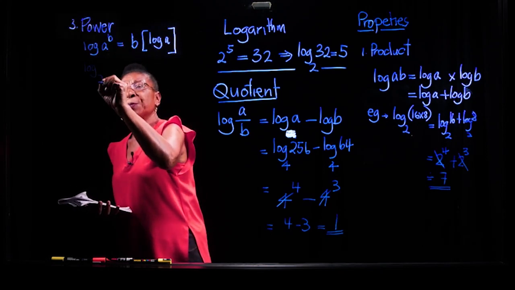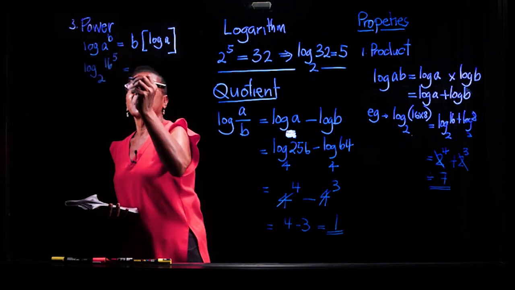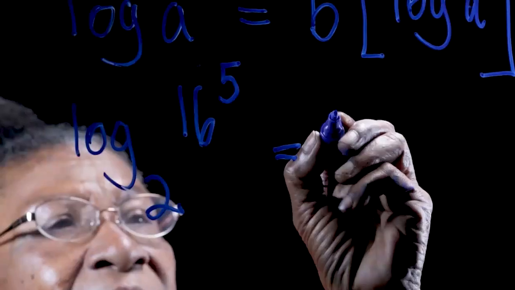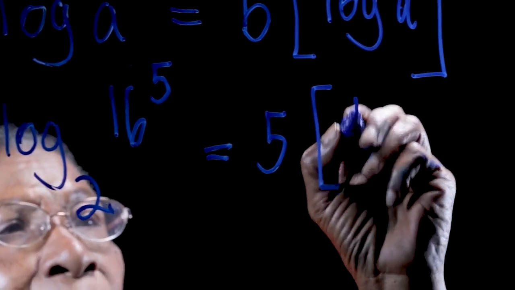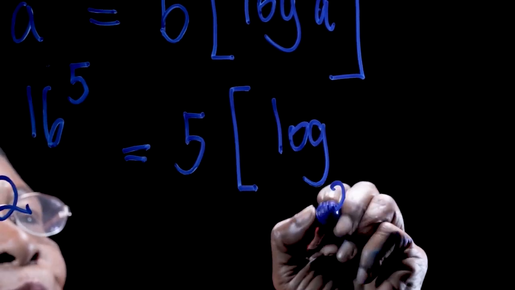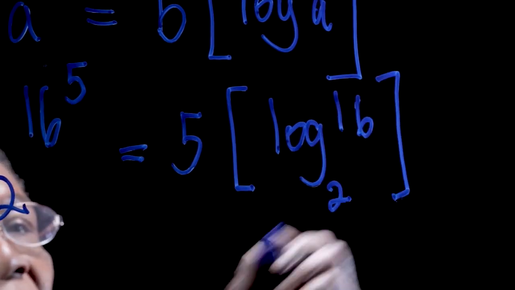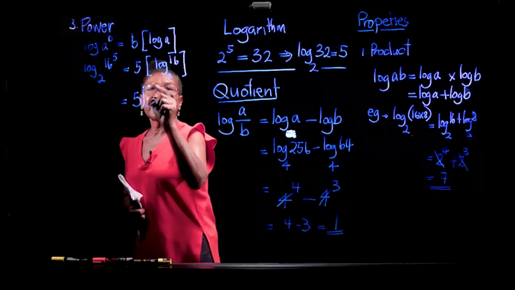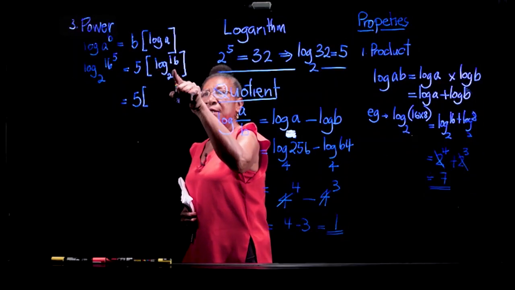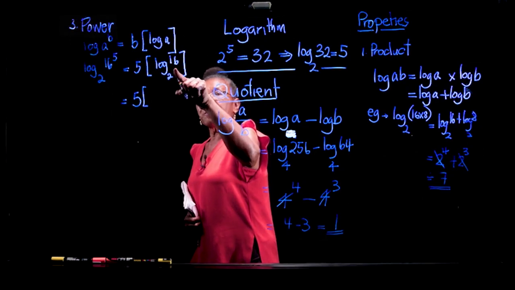If it is log base 2, 16 to the power of 5, that would give us 5 brackets log base 2, 16. That would give us 5 multiply, and log base 2, 16 simply means that it is raised to a power.